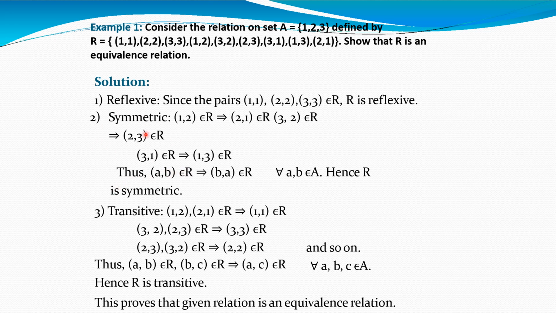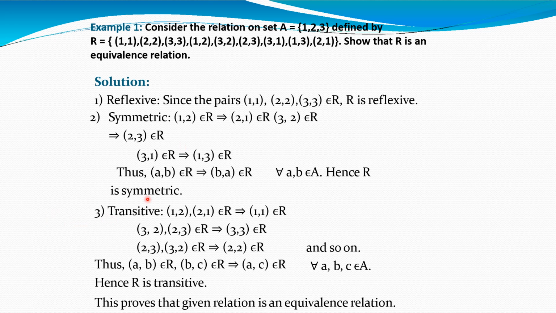So for two or three pairs you can check and then for the remaining pairs just check orally that for (a, b) in R, (b, a) is also in R. Then you can say that the relation is symmetric. But for at least one pair (a, b), if you are not getting (b, a) in R, then the relation is not symmetric.